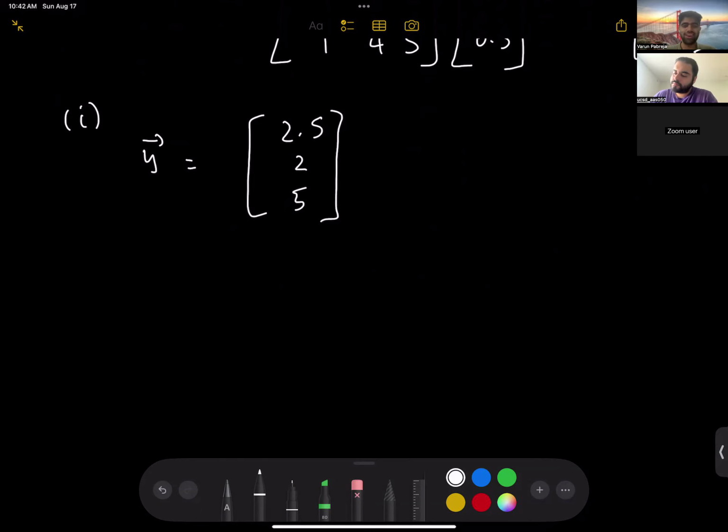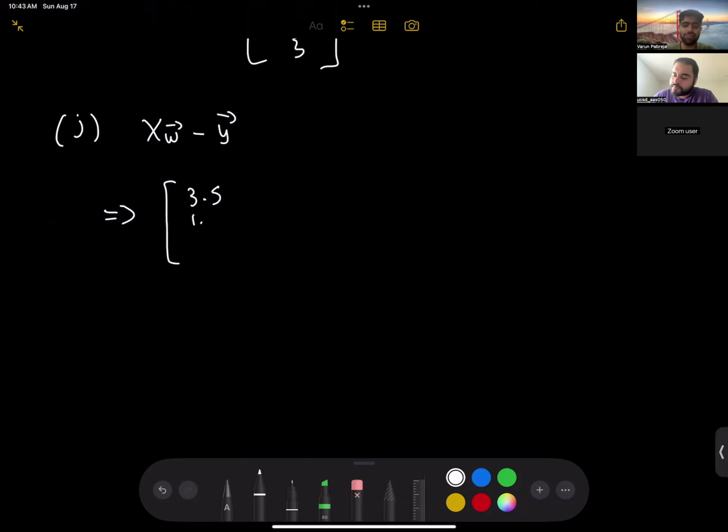Okay. For part J, we're calculating the length of the vector XW minus y, where XW minus y is just 3.5, 1.5, and 4.5 minus 2.5, 2, and 5.